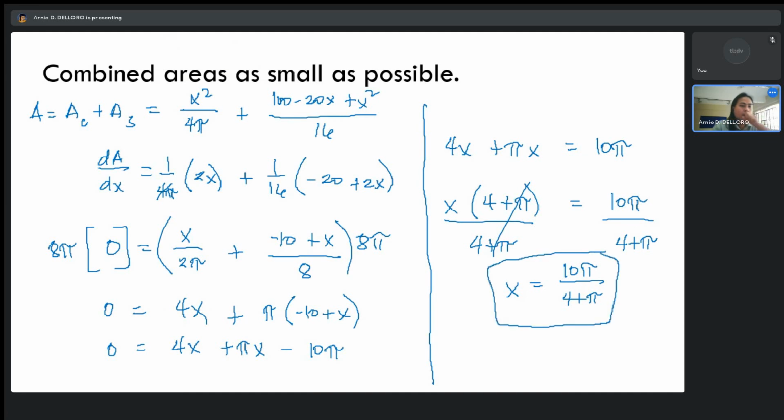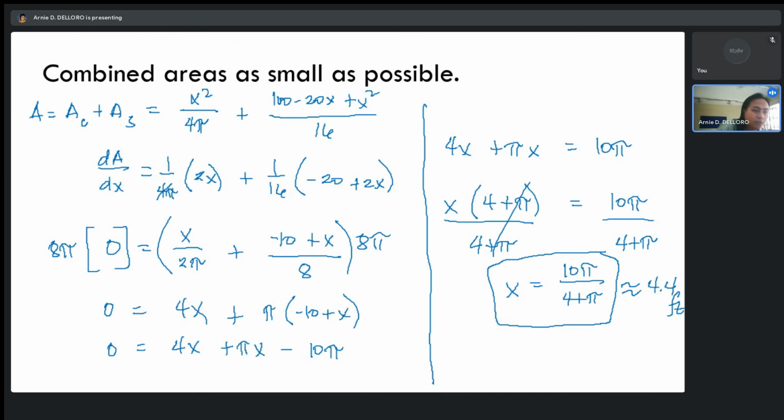So ibig sabihin, the value or the length of the wire to be cut to create a circle is equal to 10 pi over 4 plus pi, or approximately 4.4 feet. Okay? Yan yung sa circle.